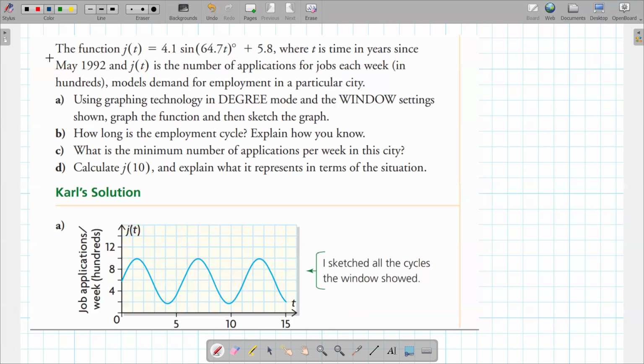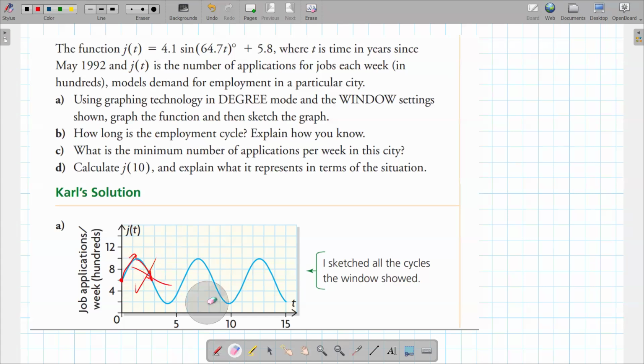Pick one nice point, if you can. There's no nice point here. So what I'm going to do is I'm going to pick this point of 6, and I'm going to see after 4 quarter periods, when does it reach the y value of 6 again? Remember, it's not this 6. That's only the second quarter period. 1 up, 1 down.